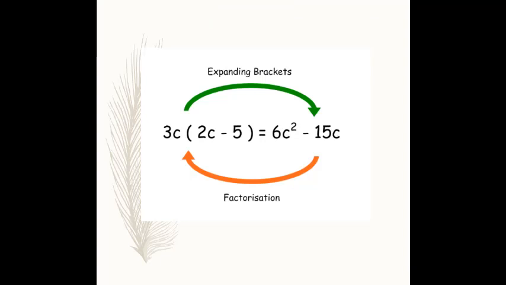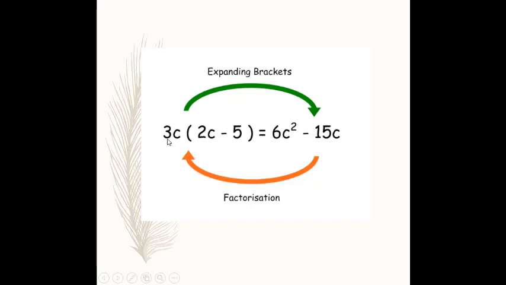Here we have, on the right, 6c to the power of 2 minus 15c. If we want to factorize it, we think of a number and also a variable that we can take out. On condition that we have to be able to divide both the first term and the second term by it.